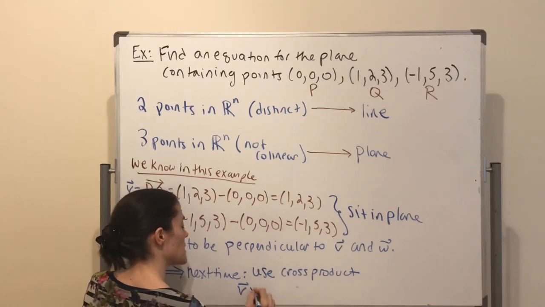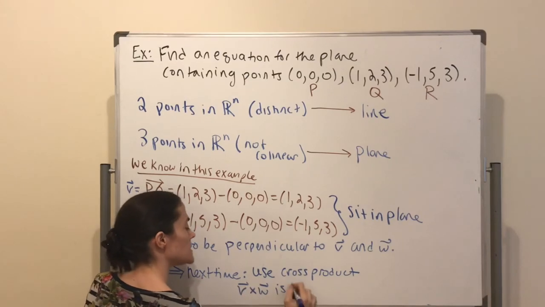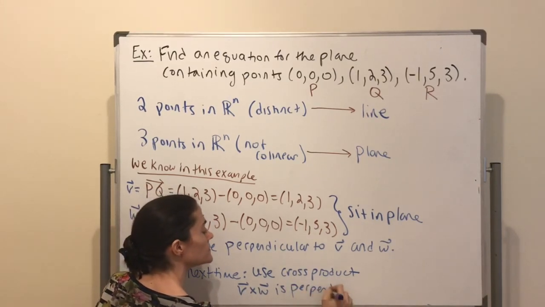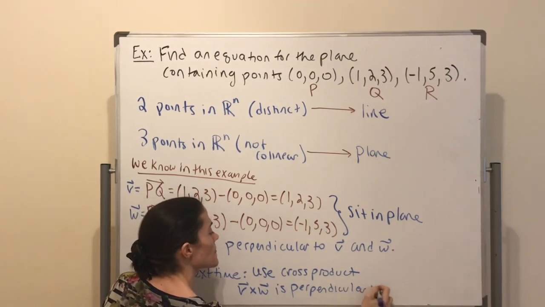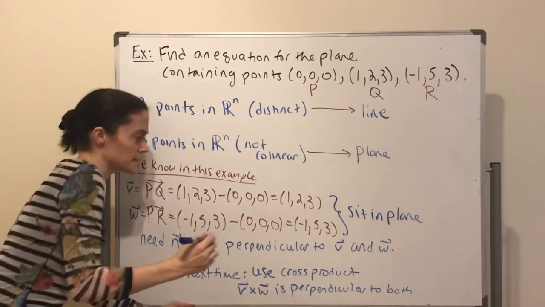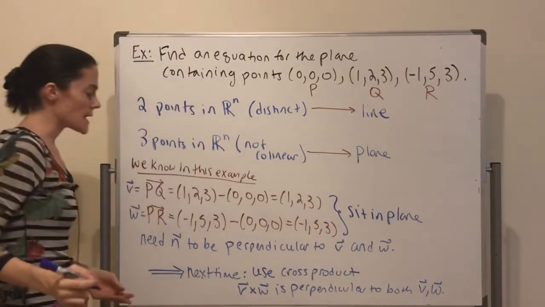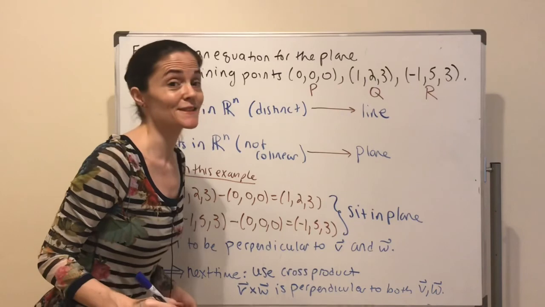We will see V cross W is perpendicular to both V and W. And this is what we can use as a normal vector to the plane.